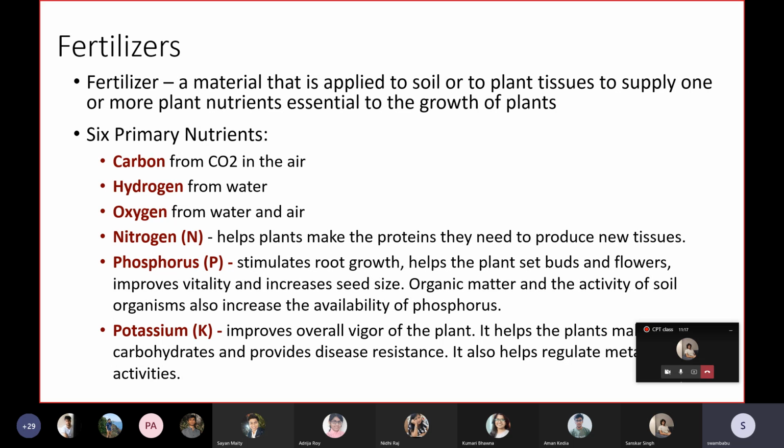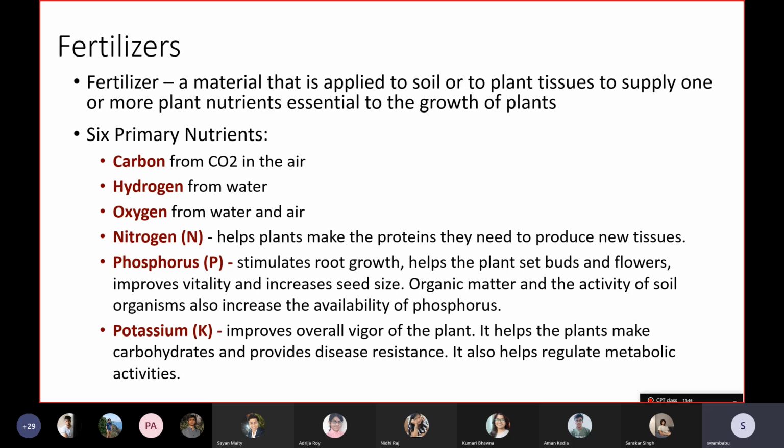Another important nutrient is potassium. It basically improves the overall vigor of the plant. It helps the plant to make carbohydrates and also provides disease resistance. Potassium helps the plants to become more resistant to diseases.